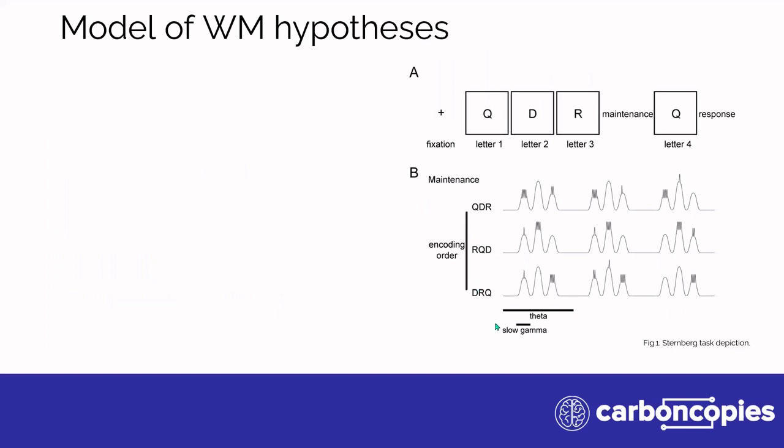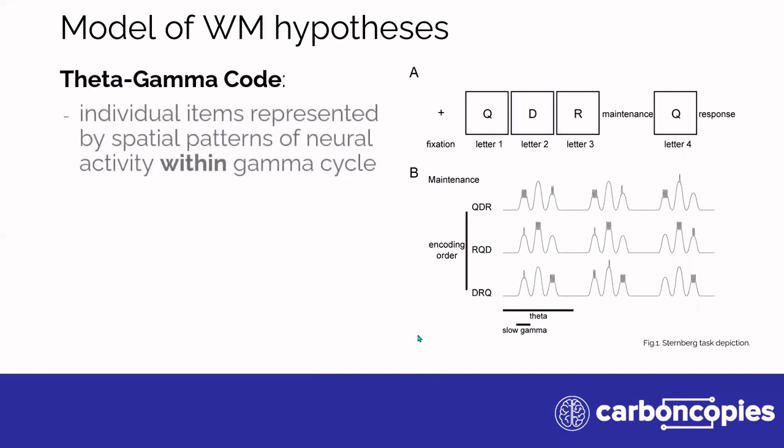So all of this leads to the principal hypothesis behind what I'm just going to call the LIJ model, the Lisman-Idiart-Jensen model, namely the theta gamma code. Here we have that.